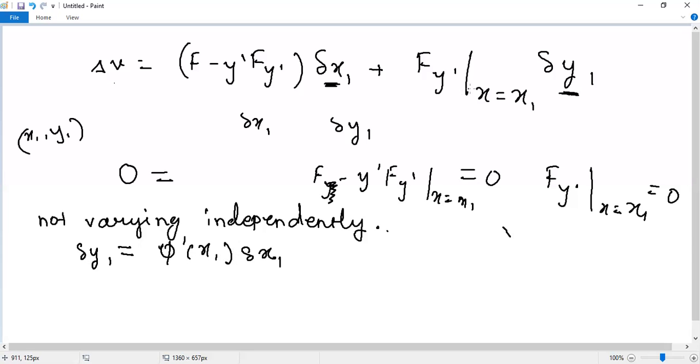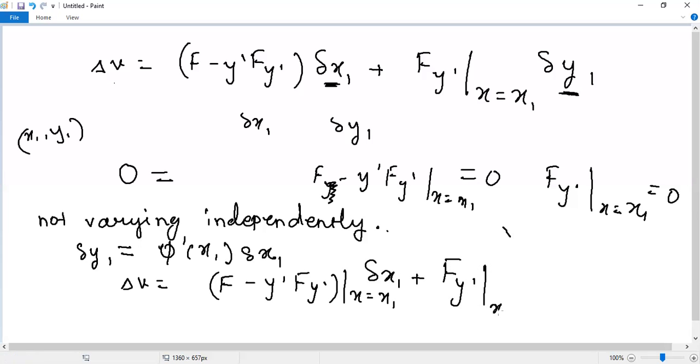Then delta y1 will be equal to this, and if you substitute this in this equation, then we get delta v equal to delta x1 times the quantity F minus y dash f y dash at the point x equal to x1, plus f y dash at the point x equal to x1 times phi dash into delta x1.